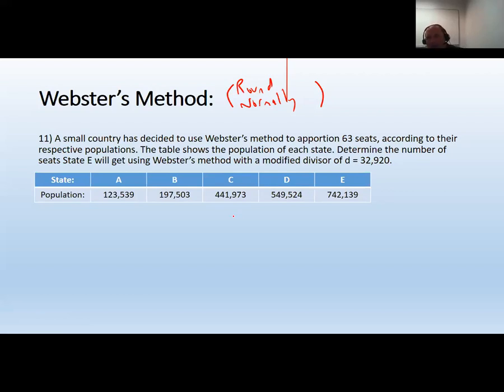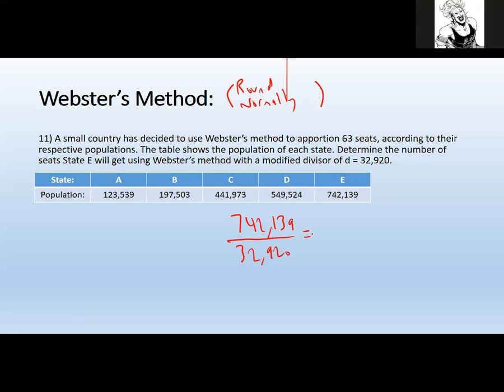All right, so we've got 742,139. That's the population for state E, and we're going to divide by 32,920. So what do we get for that? 22.54. Now, if we're rounding normally, we're going to either round up to 23 or down to 22.